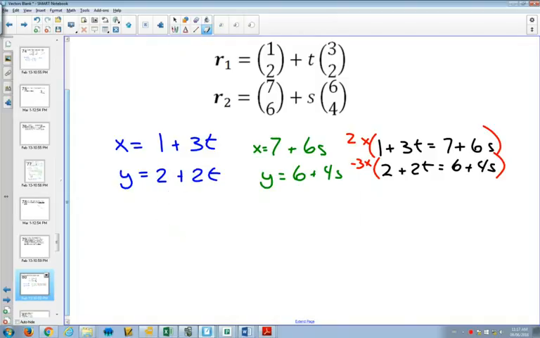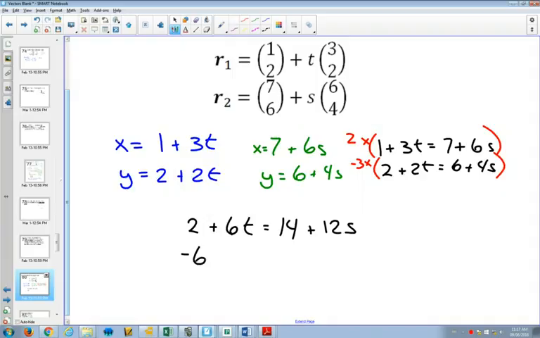So writing that out, I'm going to get 2 plus 6t equals 14 plus 12s, and negative 6 minus 6t equals negative 18 minus 12s.